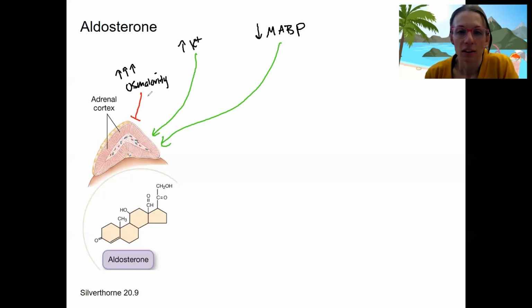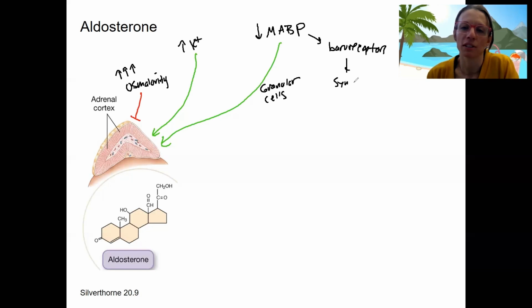The pathway along here is through granular cells. Well, it's actually more than one mechanism. It also is through baroreceptors, which trigger the sympathetic nervous system.